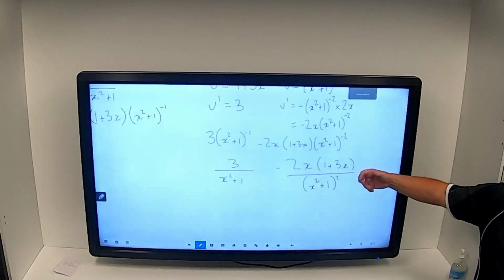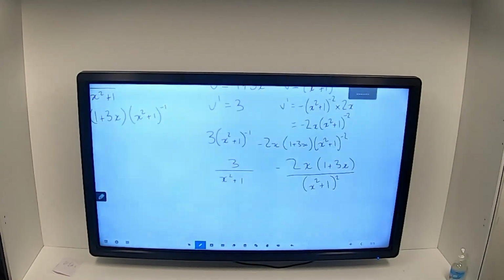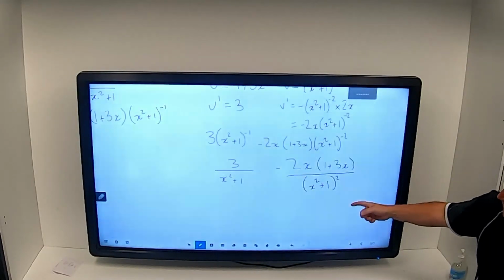With a more extensive question, generally the next thing we're looking for you to do is to work out what would give you 0 on the numerator or maybe 0 on the denominator, to work out when the gradient's equal to 0 or when it's undefined perhaps. So the next step generally needs you to combine both of those fractions into a single fraction in order to do it. So there's an extra step now involved.